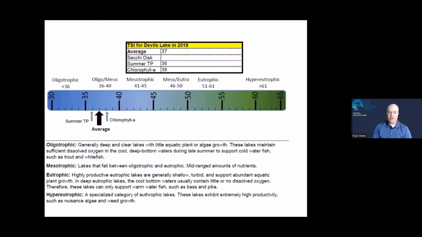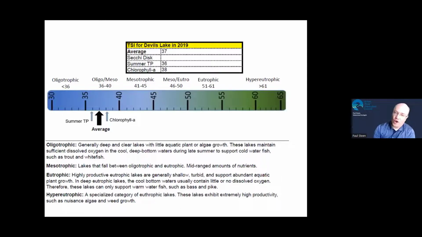And then I like to envision this TSI scale as a thermometer of sorts, where on the left-hand side, you have oligotrophic, which are your low nutrient lakes. And on the right-hand side, you have eutrophic, or eventually when it gets high enough, considered hypereutrophic, extremely nutrient-rich lakes.